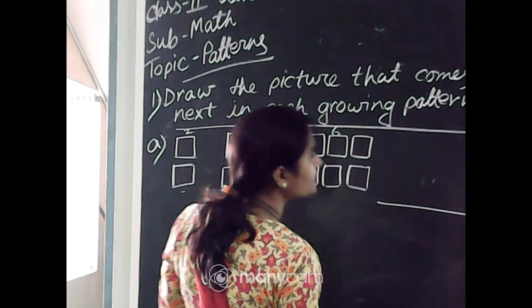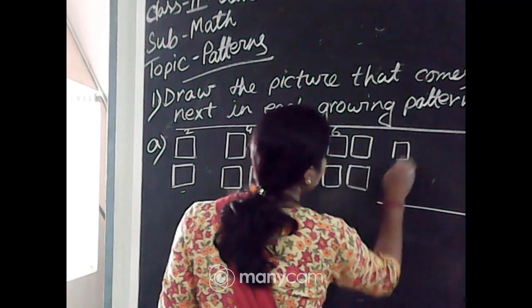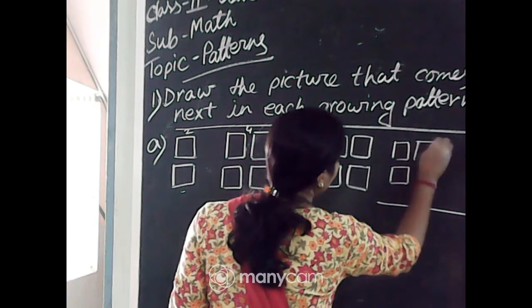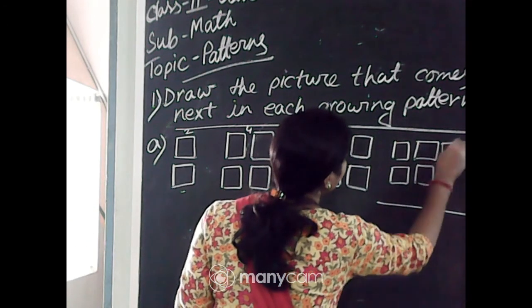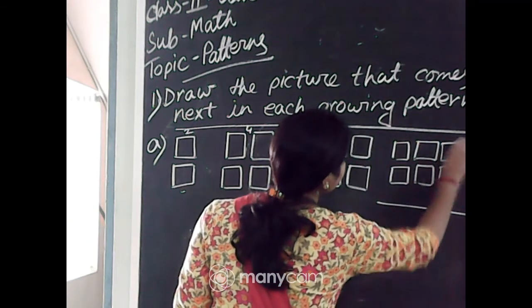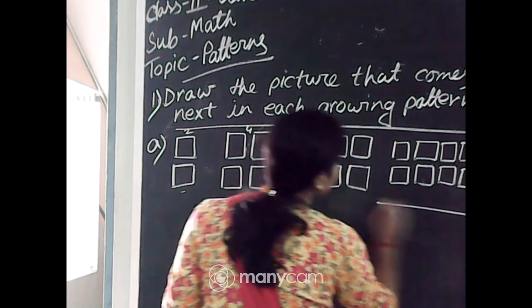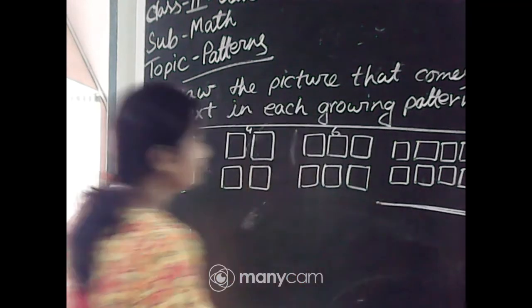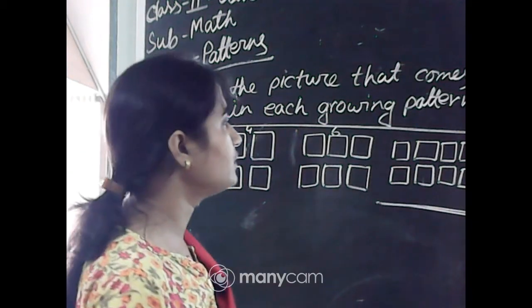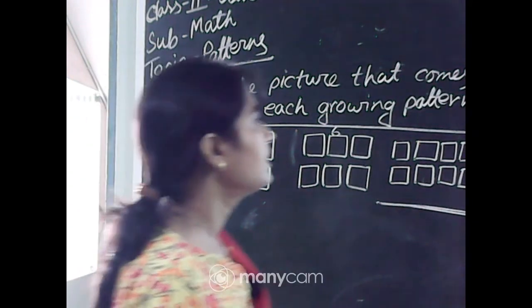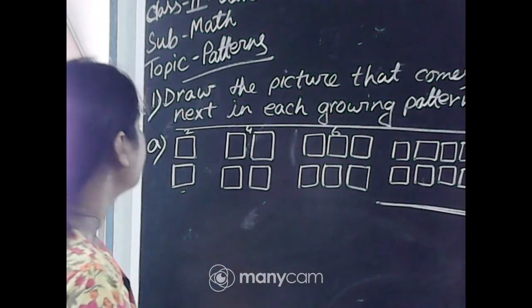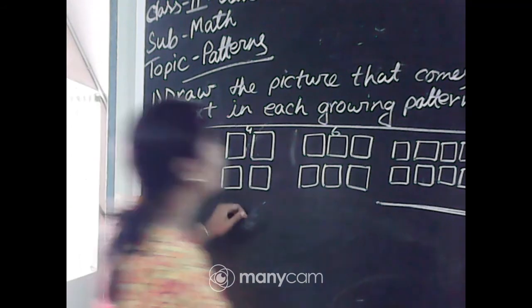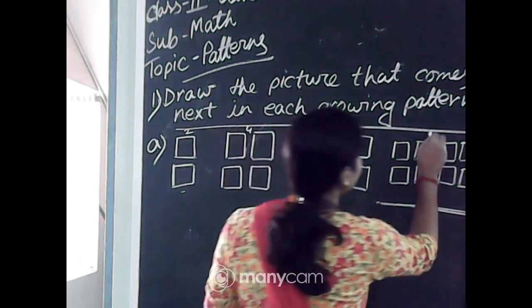Eight. Yes, very good. Eight squares. 1, 2, 3, 4, 5, 6, 7, 8. Here, please draw eight. All of you, Deboshmita, very good. Sujan, very good. Two, then four, then six, then eight.